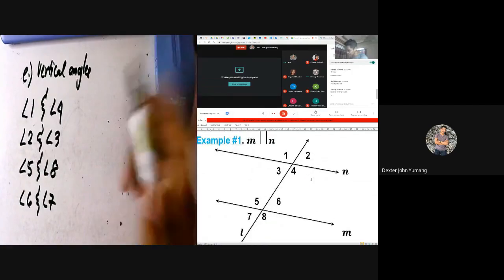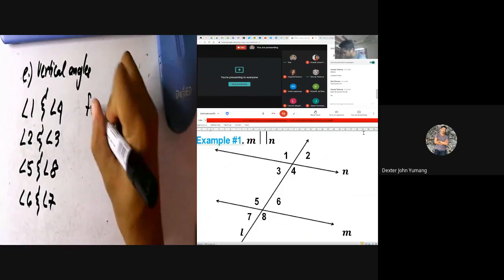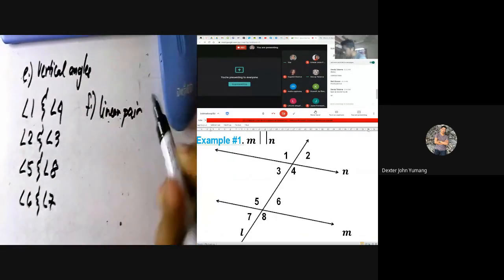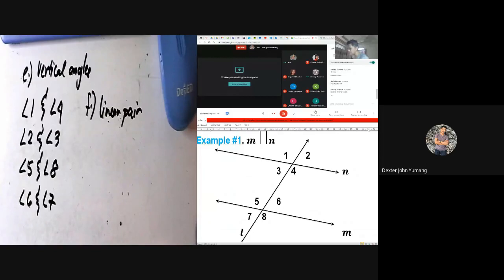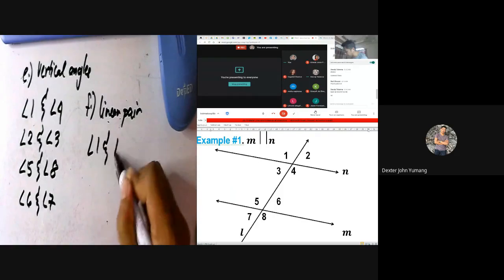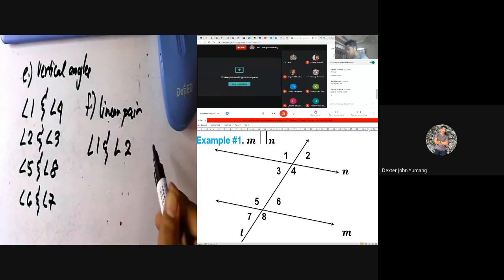So, linear pair. When you say linear pair, as we have discussed last week, nakabuo siya ng straight line. Ano yung mga angles na nakabuo ng straight line? We have angle 1 and angle 2. Okay, nakabuo siya ng straight line.